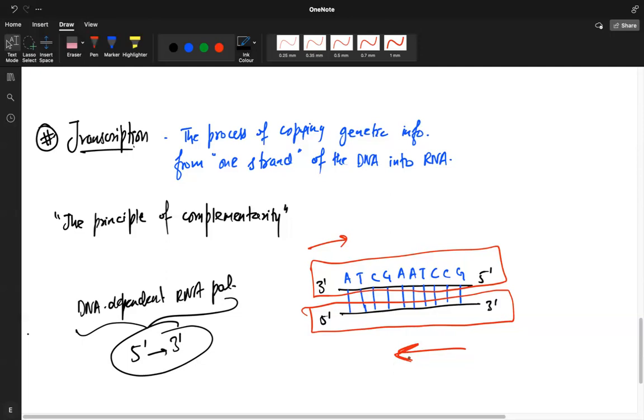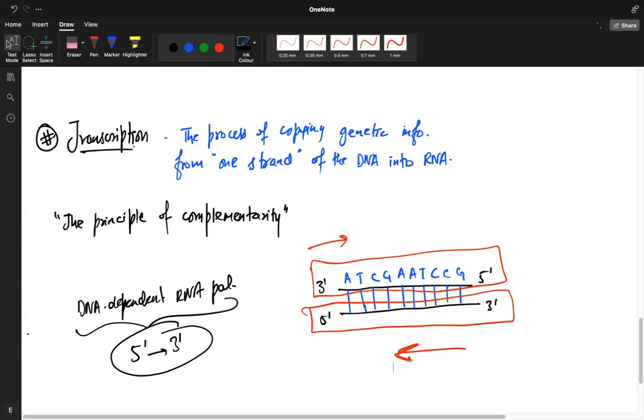That was the problem for replication. That's why there were Okazaki fragments being formed. Here, we don't care about transcribing the whole DNA length. You will just open one gene segment and transcribe that one at a time. You don't have to transcribe all the genes in one go. So you don't have to worry about fragments.